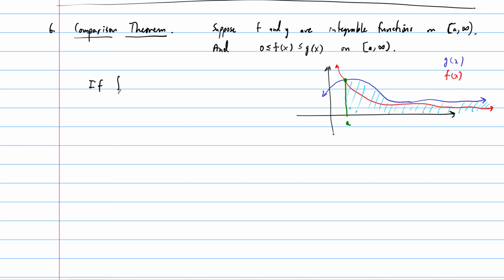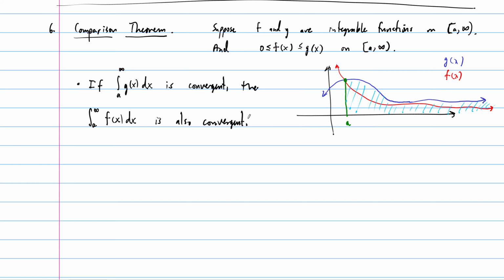So if the integral from a to infinity of g of x dx is less than infinity, if it's finite, let's use the words that we just defined, so if this is convergent, then the integral from a to infinity of f of x dx is also convergent.